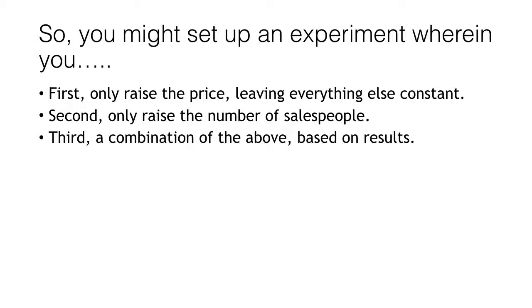Okay, so first, you could raise the price, leave everything else constant. Second, leave everything else constant, but raise the number of salespeople some amount. And third, you could do a combination of the two after you've seen what the results are of those other two decisions.